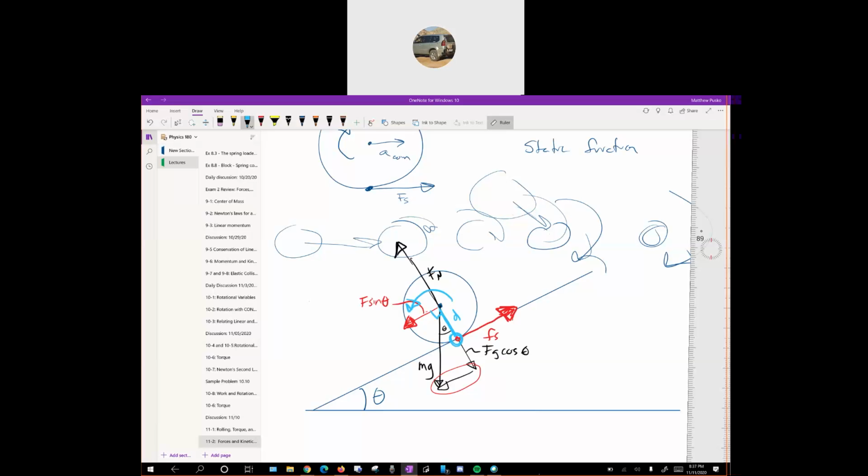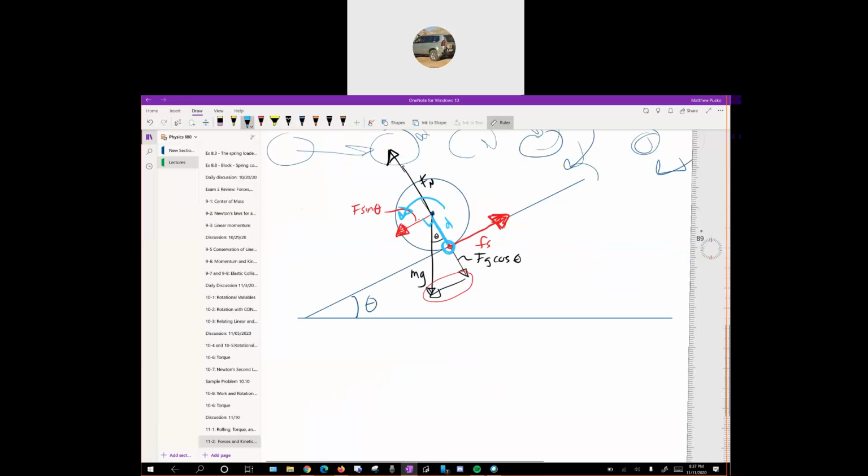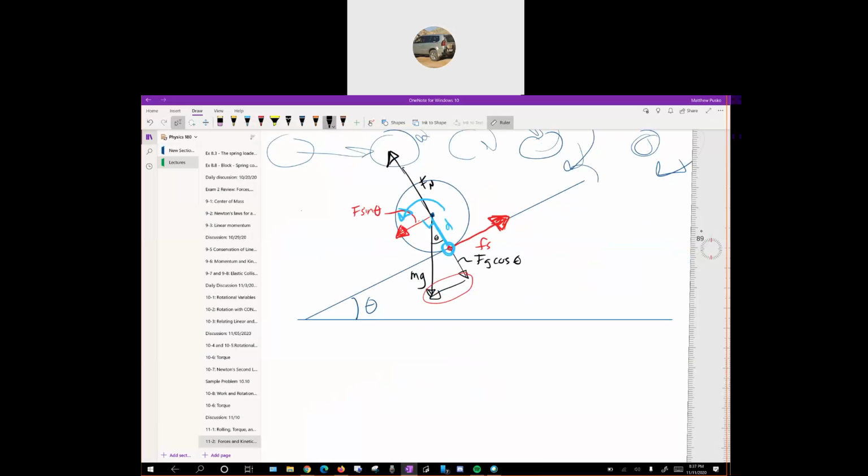And we can actually get a formula for stuff like this. You should really just apply Newton's second law for linear motion, so we'll call it for translations, and Newton's second law for rotations.